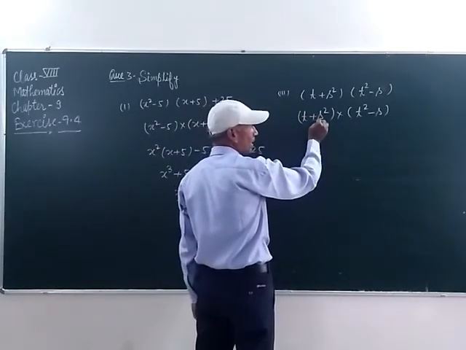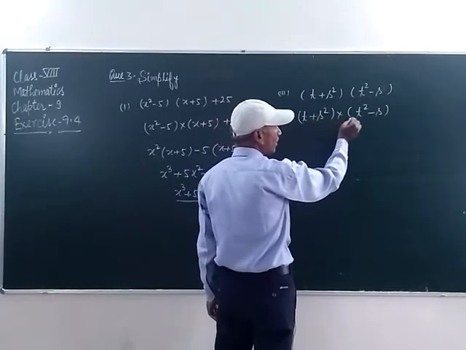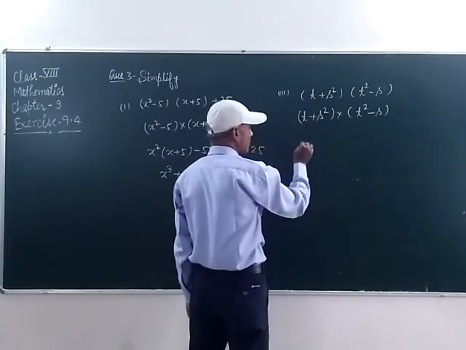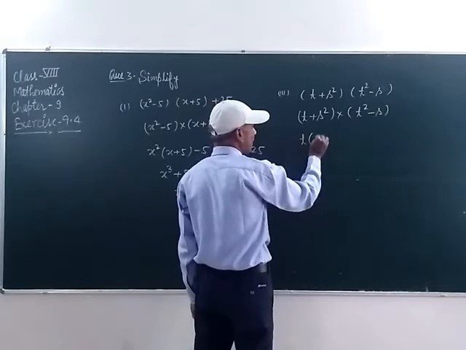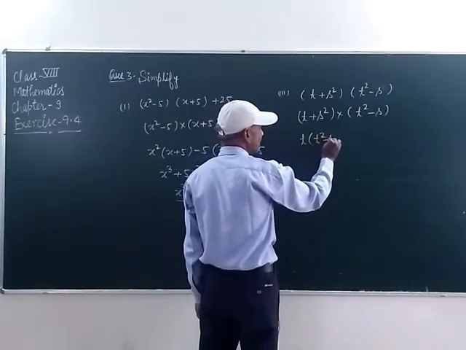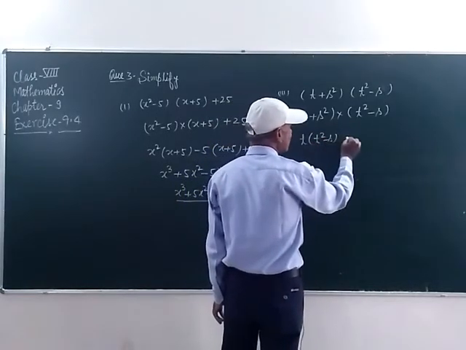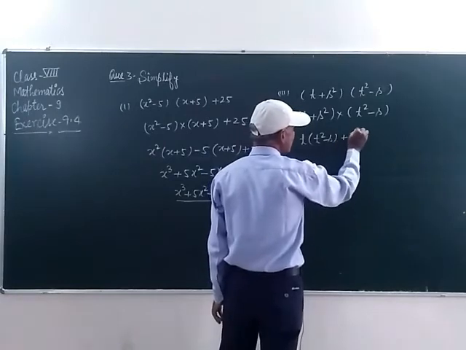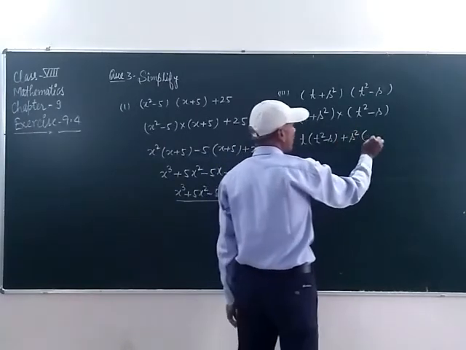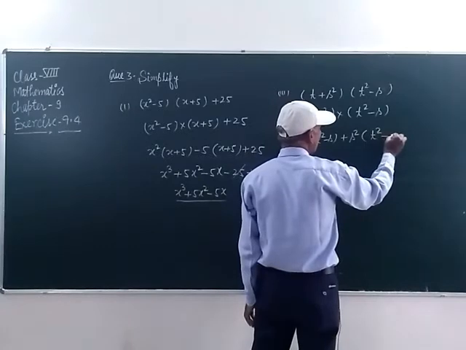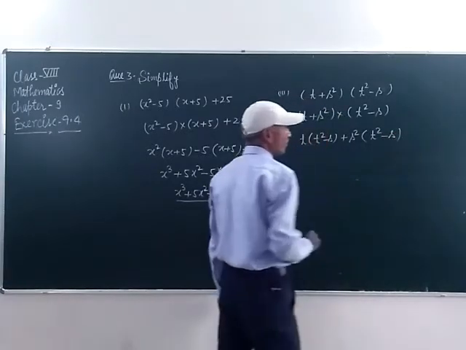After that, we multiply s² with (t² − s). So t multiplied by (t² − s), plus s² multiplied by (t² − s).